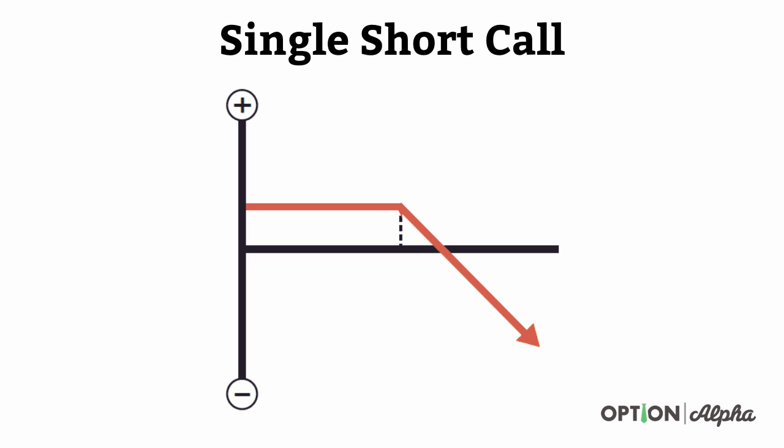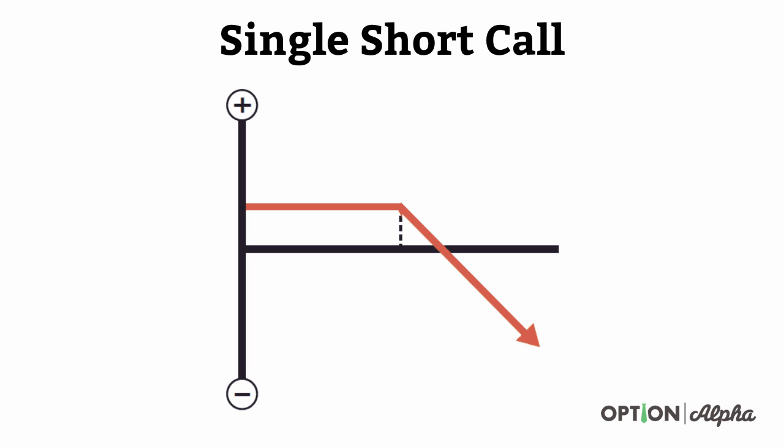But let's start with a short call option, because I want to really go through the particulars of doing just a single leg strategy, versus how we can shift and change risk and payoff dynamics as we look at adding different legs to this strategy. So this is just a single short call option strategy.